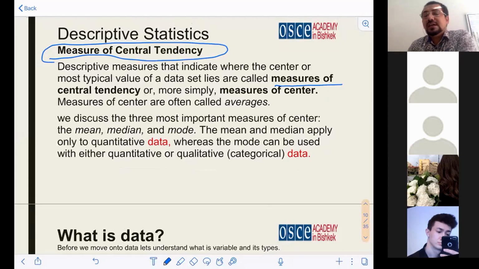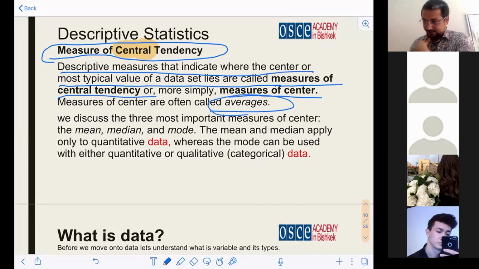From the word central, you must be getting an idea that I'm talking about something mid, the midpoint. Descriptive measures that indicate where the center, or most typical value, of a data set lies are called measures of central tendency, or measures of center, often called averages.